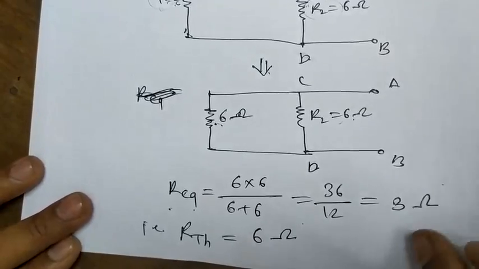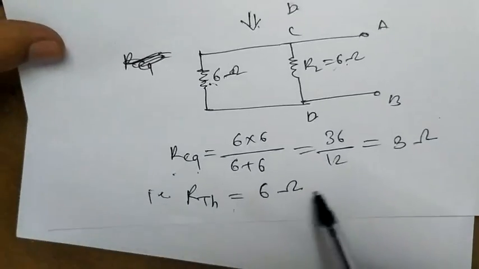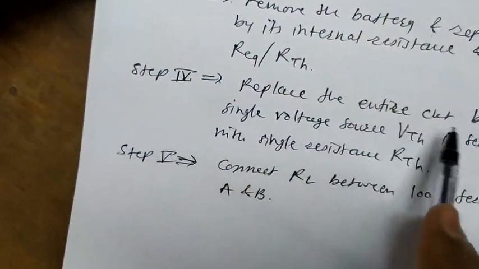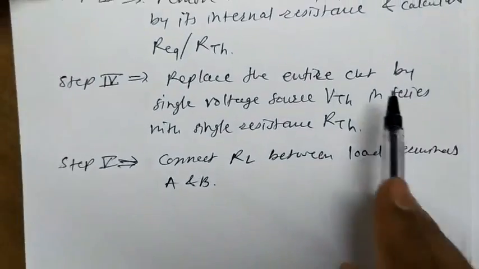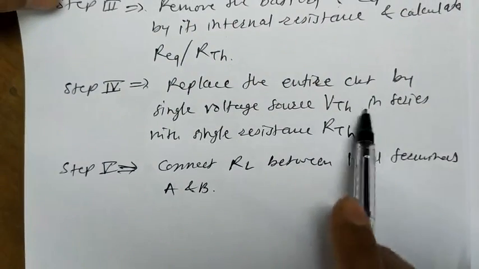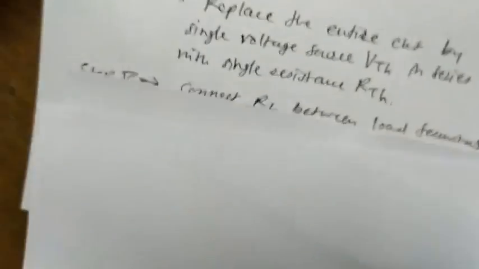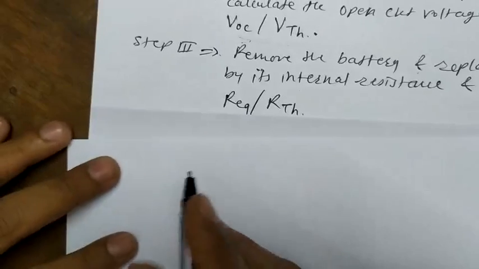Now we have calculated VTH equal to 6 volt and RTH. Now our fourth step. What is our fourth step? Replace the entire circuit by a single voltage VTH in series with a single resistance RTH. Now we have to just draw the circuit.